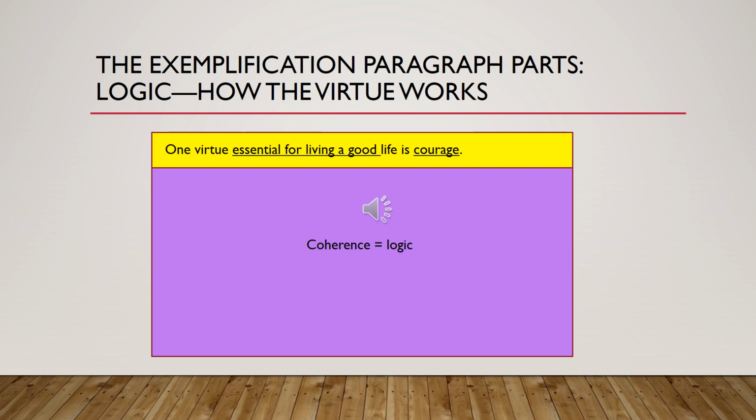The idea here is that you're going to use the example to show how courage works in somebody's particular life. But before you can do that, you have to show how courage works in general. So, we need logic.